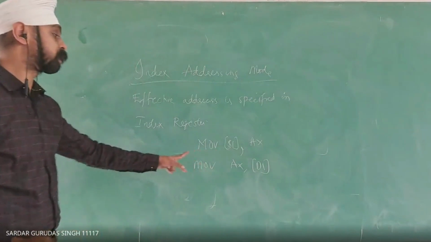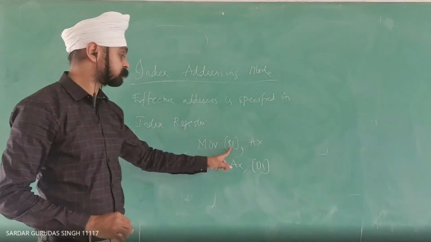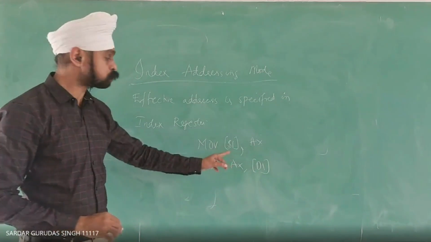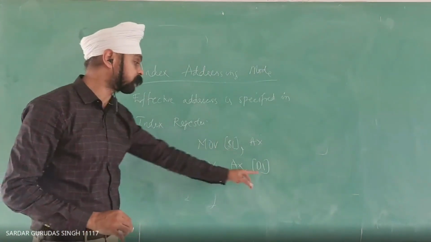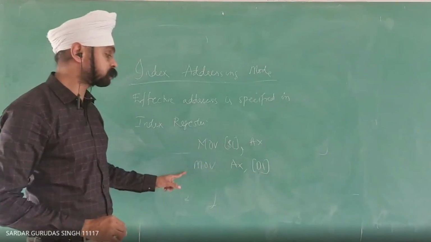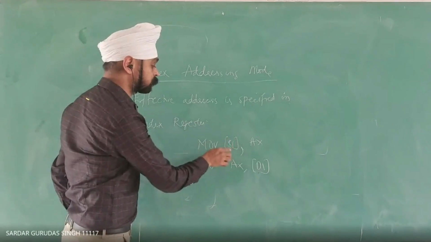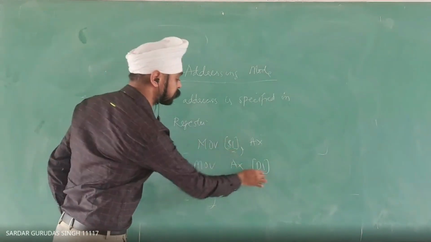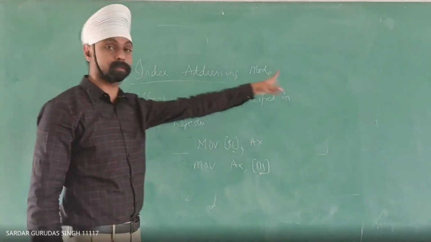If you observe in both instructions, the effective address is specified with the help of SI in this instruction and with the help of DI in this instruction. So in both of these instructions, the effective address is specified in the index register. That is why it is called index addressing mode.